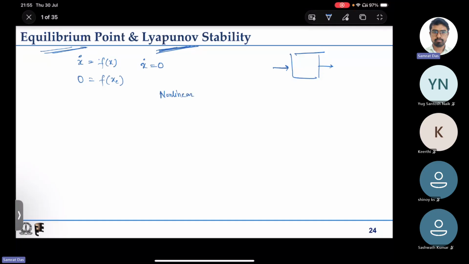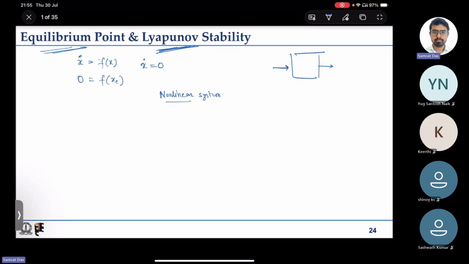Although it is valid for linear systems also, we will see that for linear systems there are actually better definitions of stability, but for nonlinear systems this definition is very widely used to define stability.